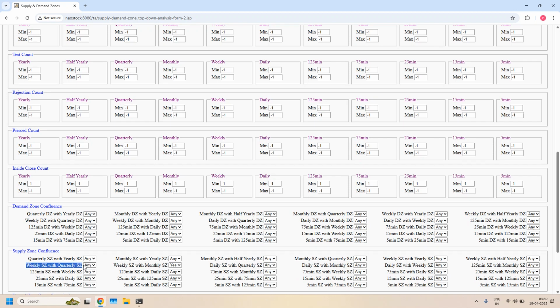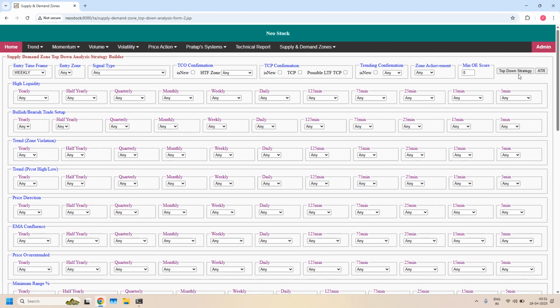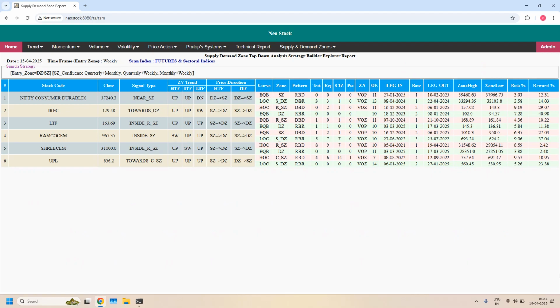Then weekly supply zone with quarterly supply zone confluence, and also monthly supply zone with quarterly supply zone confluence. All 3 are having confluence with each other. That is weekly, monthly and quarterly. Now let's filter. We got only 6 stocks.